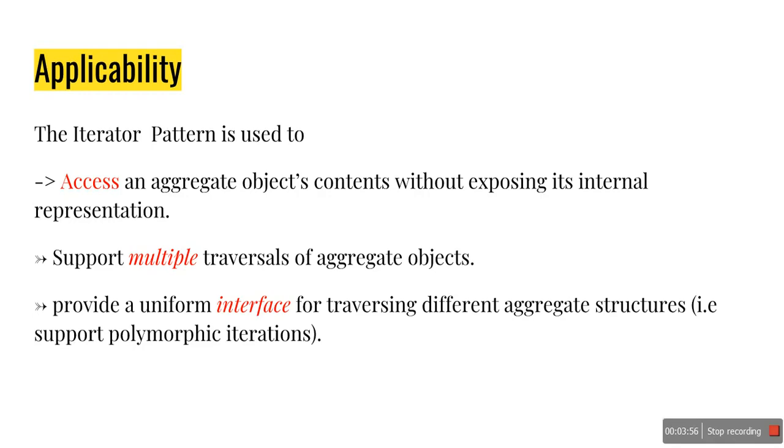Also, it provides a uniform interface for traversing different aggregate structures. It supports polymorphic iteration. This simply means that no matter the amount of objects we have, they are all going to have one single interface from which we access them.